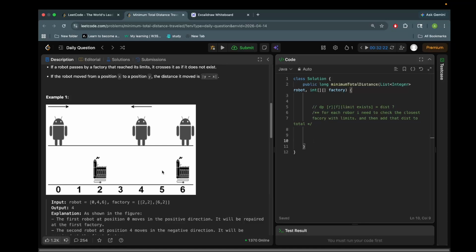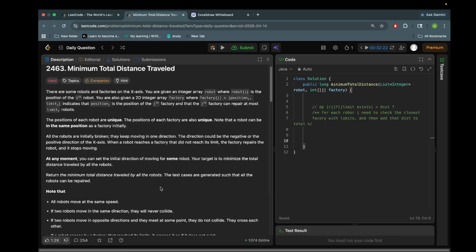For robot 0, for each robot I check. How will I do this? Okay, that's spaced out. So maybe I create a common list and map everything onto a list, but we might not actually need that. I don't know how to think about this.